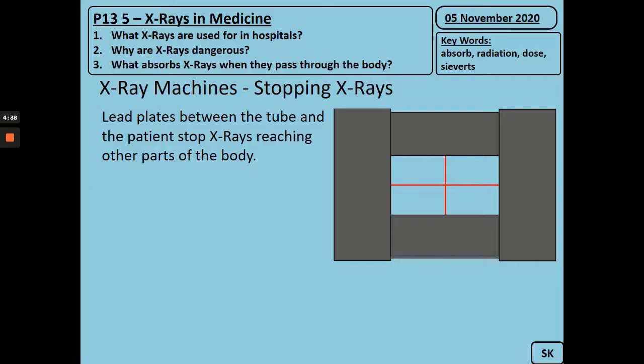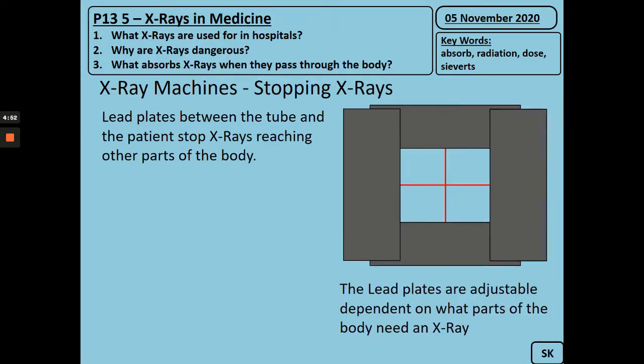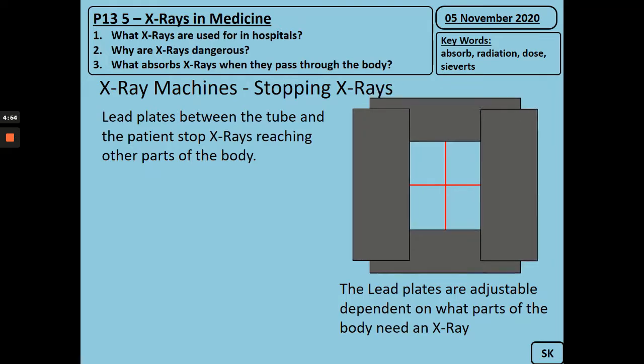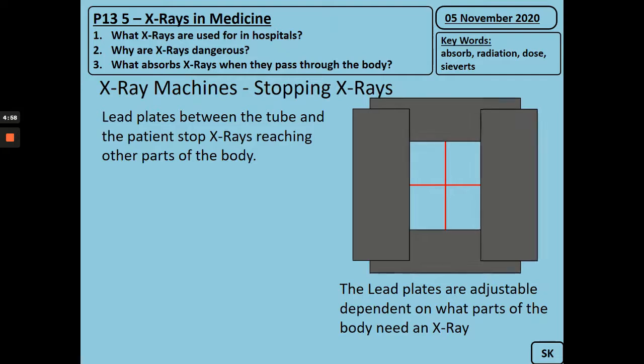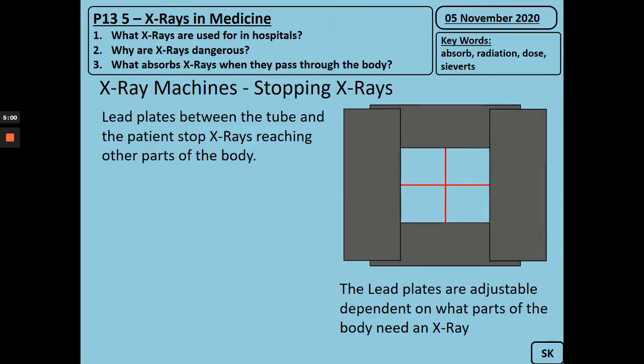Okay, so we've got X-ray machines stopping the X-rays. Lead plates between the tube and the patient stop X-rays reaching other parts of the body. So remember, X-rays can penetrate most things, but not something that's really dense like lead. The lead plates are adjustable, depending on what parts of the body need to be X-rayed.